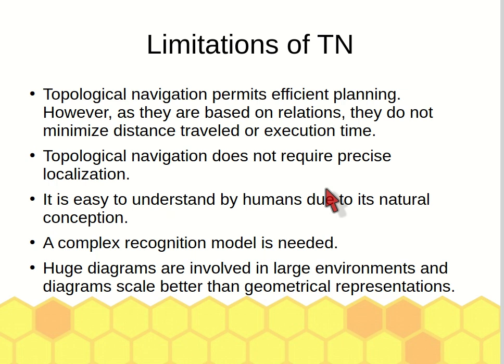You cannot estimate that because you don't have that kind of information in TN, in topological map. So precise localization is not required. This one is much easier to understand by humans.